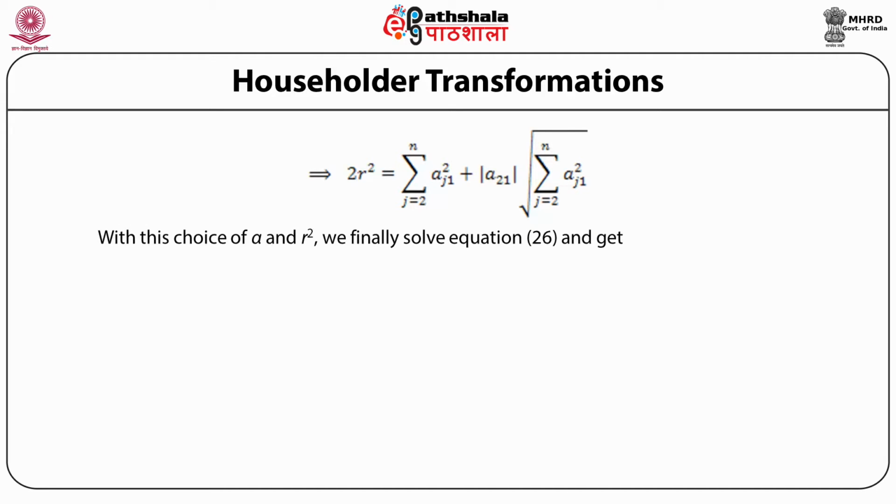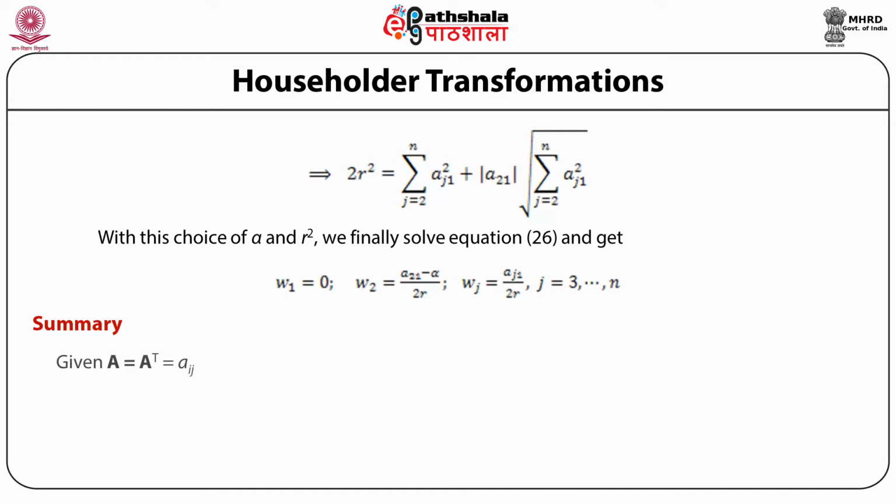With this choice of alpha and r square, we finally solve the equations and we get w1 equals 0, w2 equals a21 minus alpha by 2r, wj equals aj1 divided by 2r, where j takes the value from 3 to n.